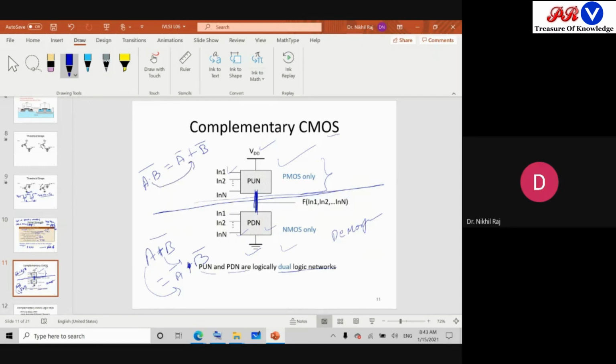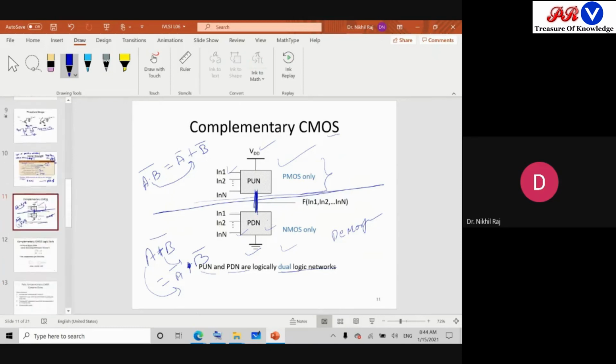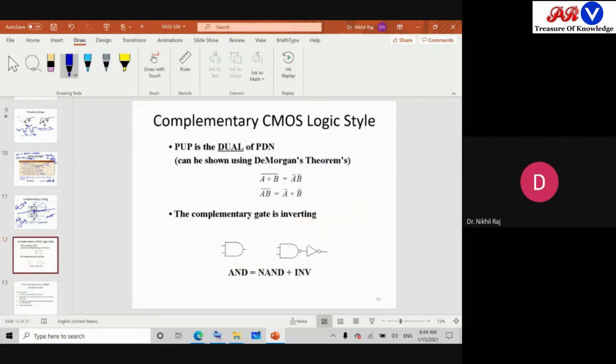The same case happens here in the pull-down network. If some AND products are realized there, then in the pull-up network that will be realized using an OR-type function. AND will change to OR, and OR will change to AND. That is why it is said that duality is happening there.